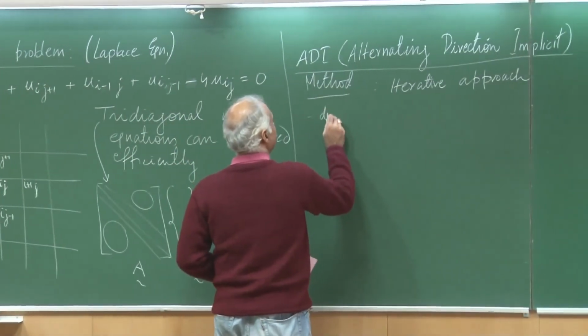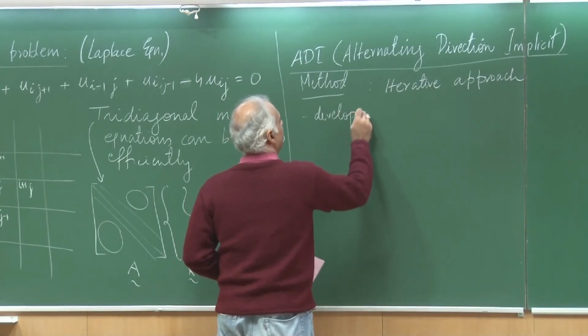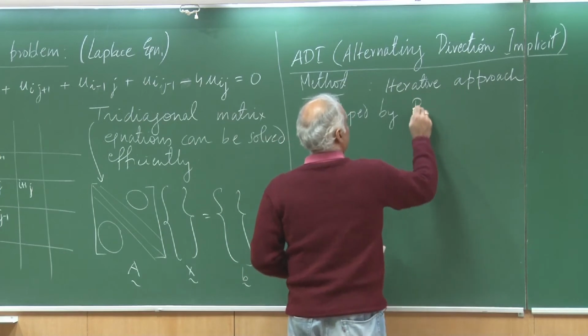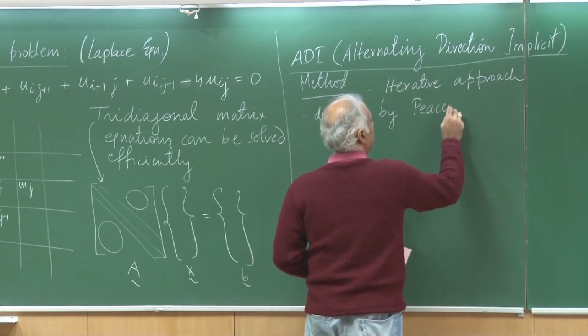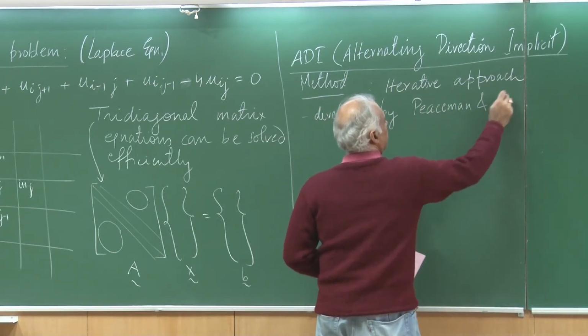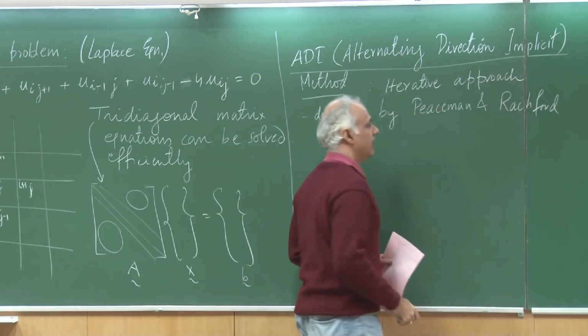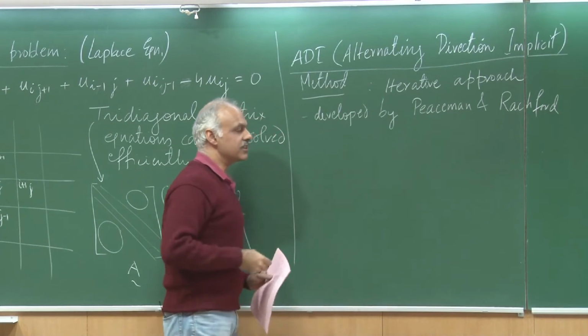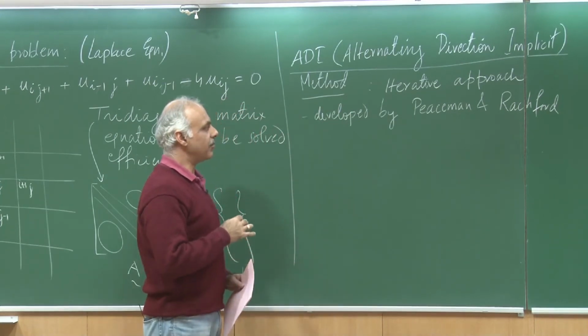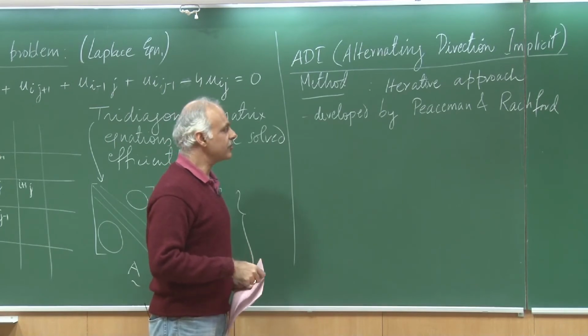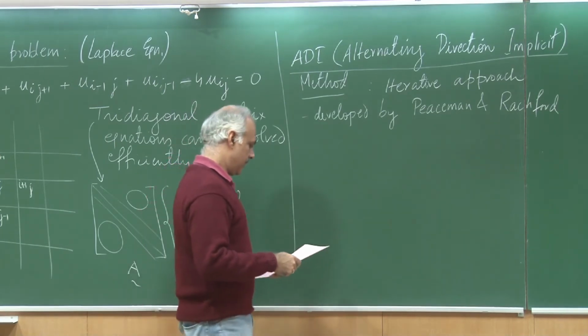This was developed by Peaceman and Rachford. The purpose of my showing you this method is not so much about the details, but about the innovation that one can use in these systems.